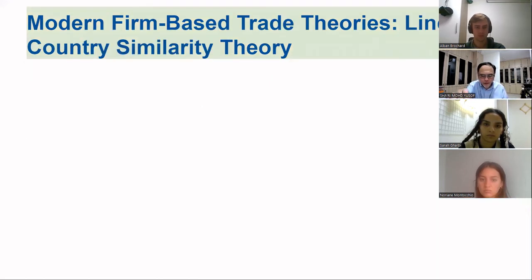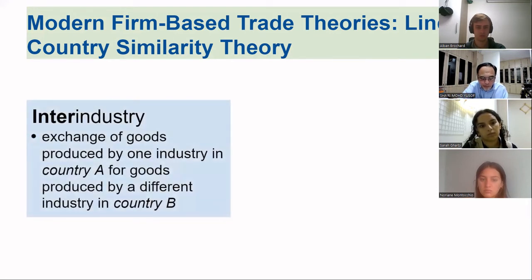Right. So we move on to the other theory, which is the country similarity theory. Before that, we need to differentiate between inter-industry trade and intra-industry trade.